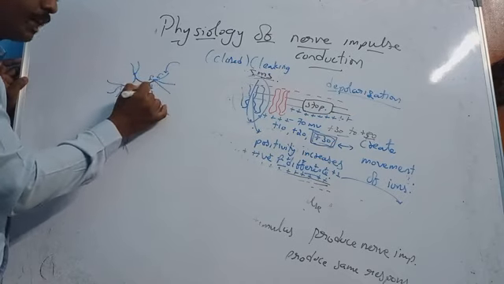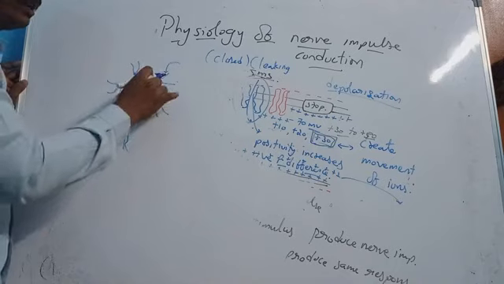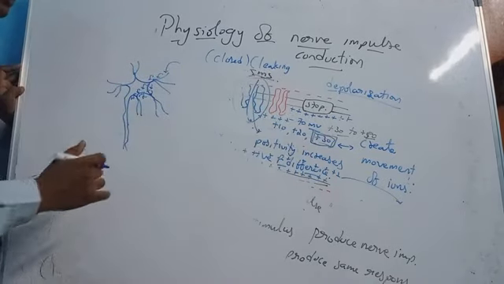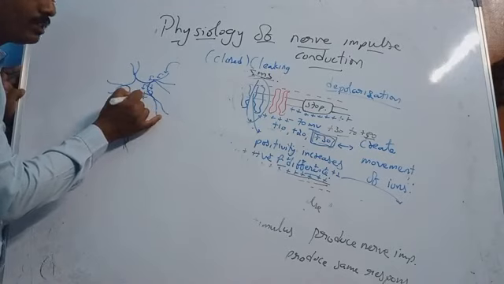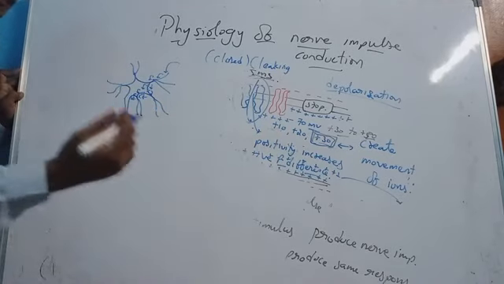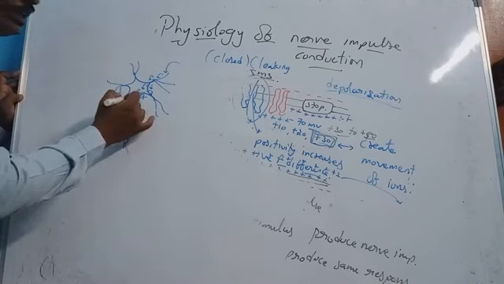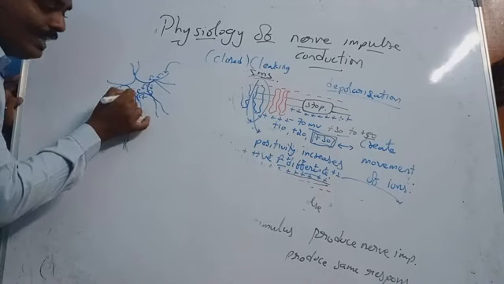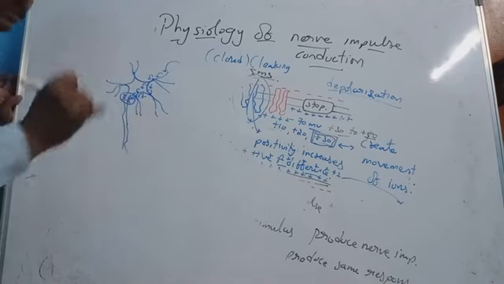As I have said, there will be some channels here also, but those channels are not enough to produce a faster nerve impulse. So this will slowly come in this direction. Slowly means 0.3 to 0.5 or 0.6 milliseconds. They will come towards this zone called the axon hillock, and here we have a cluster of these ion channels.